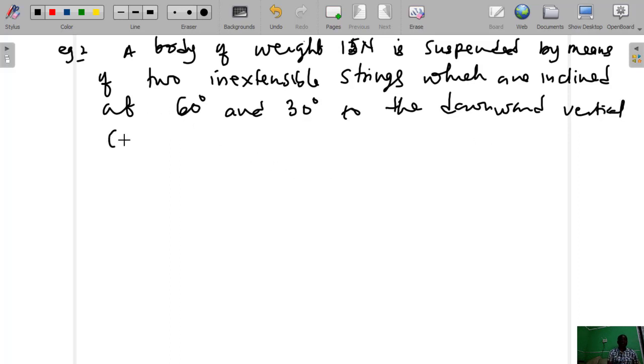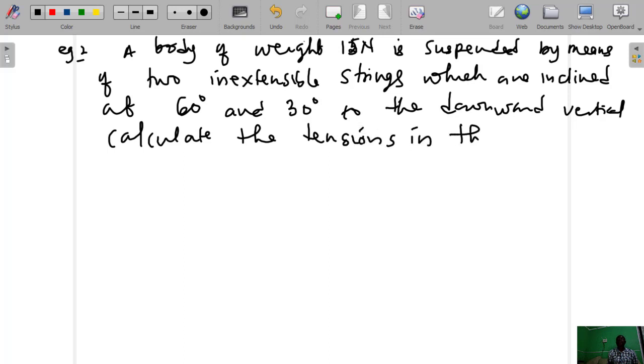We have to calculate the tensions in the string.